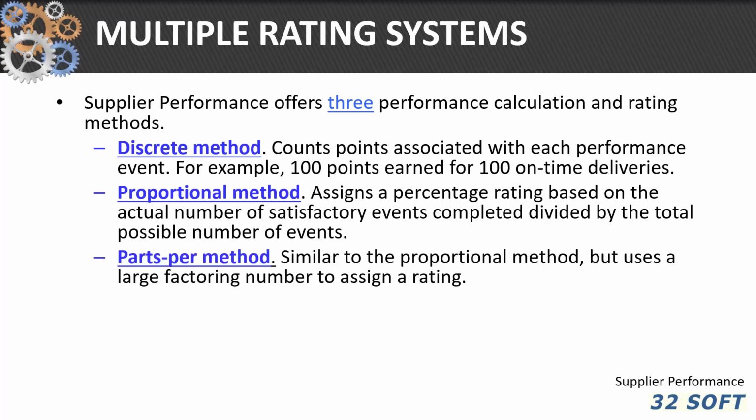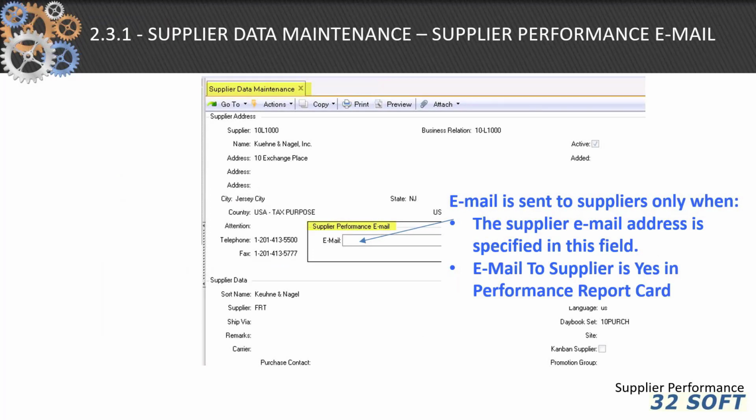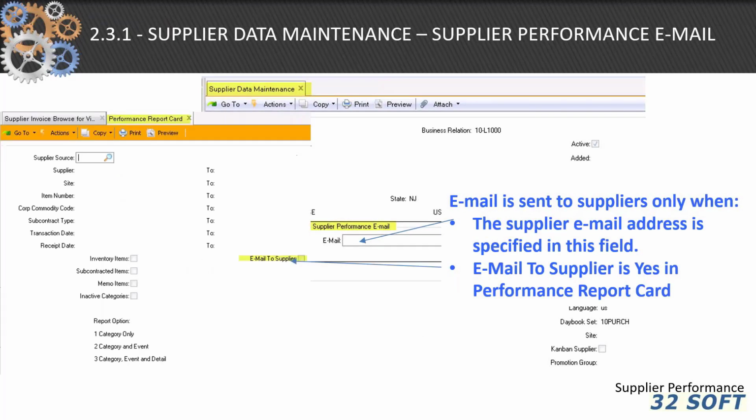And then there's the parts per method, where you can actually look at the proportional methods for receiving and processing. You're not limited to any one of these in your system. You can apply any method to any registration, so it's a very flexible process. We looked at the supplier email performance in the 2.3.1, so you have to have that in order to have this work.